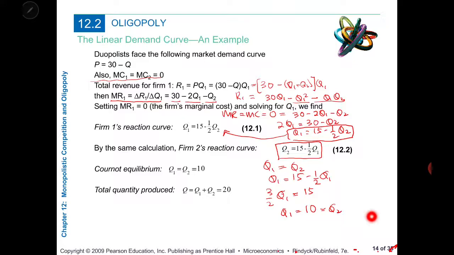So I'm using one of the reaction curves, substituting Q2 with Q1, solving for it, and then using that to come back to the condition for equilibrium. The quantity produced now, since Q1 is 10 and Q2 is 10, the total quantity will be 20.